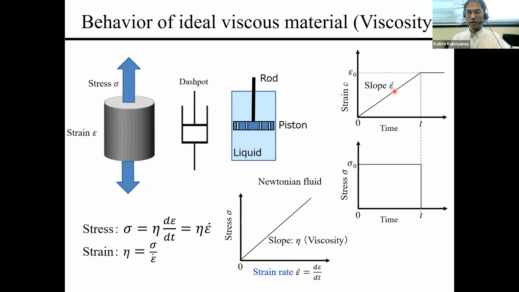And when you apply the strain gradually, that means applying the strain at a constant speed, stress becomes constant. But when you apply a constant strain from here, stress becomes zero because here the strain rate is zero.